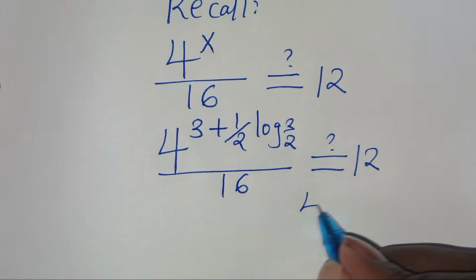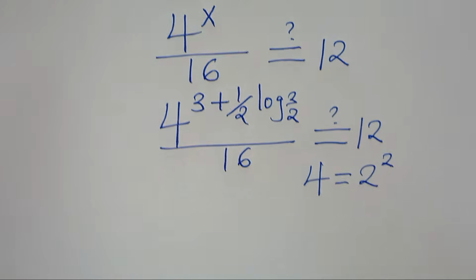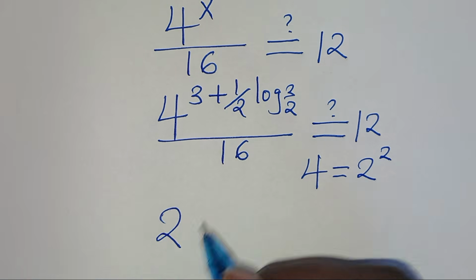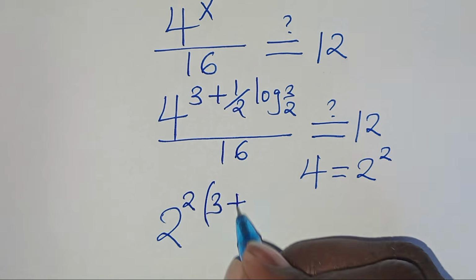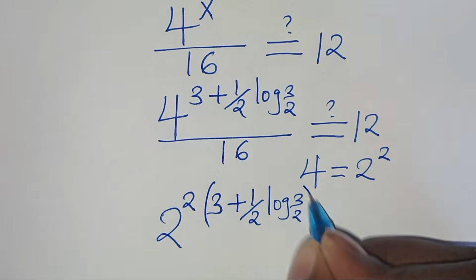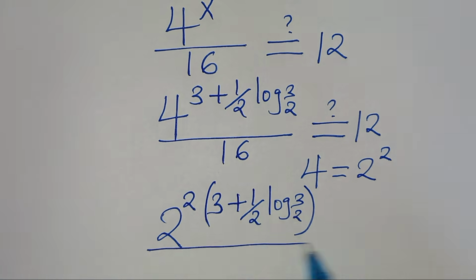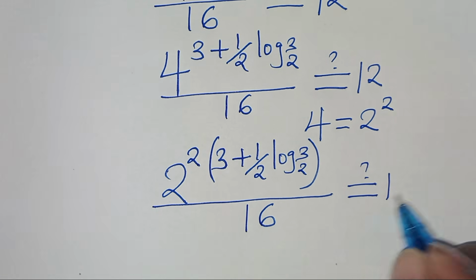So we can express 4 as 2 to the power of 2. So this is 2 raised to the power of 2 multiplied by 3 plus a half log 3 to base 2, divided by 16. This is supposed to give us a value of 12.